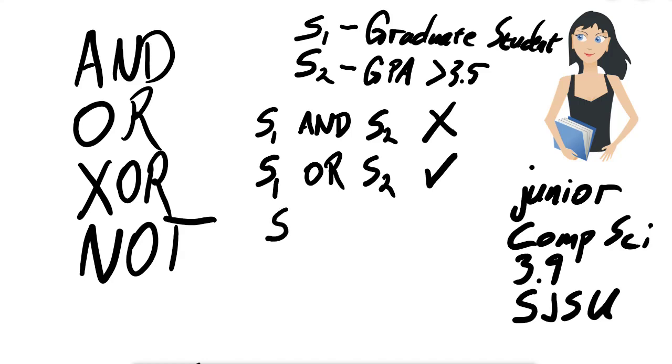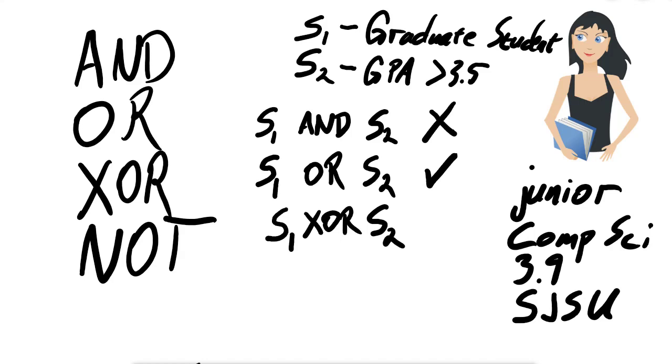Let's look at the requirement in terms of XOR. So XOR is the exclusive form of OR. Now, it would be really nice to be able to say XOR in language when we talk to each other. But in order to say it in English, we have to say a lot of words. So exclusive OR means that either S1 or S2 are true, but not both.